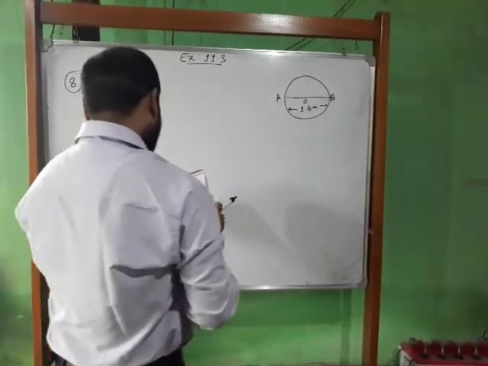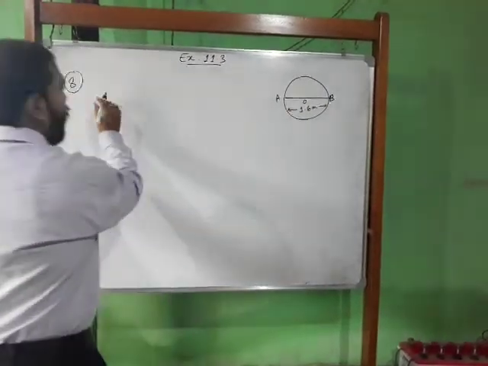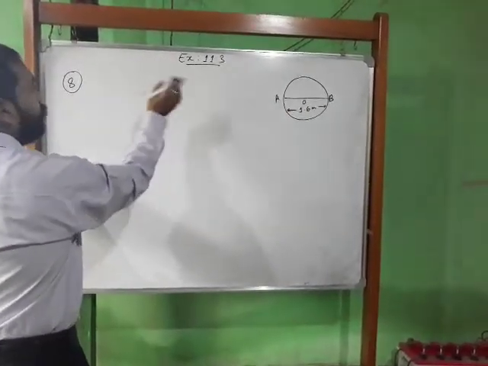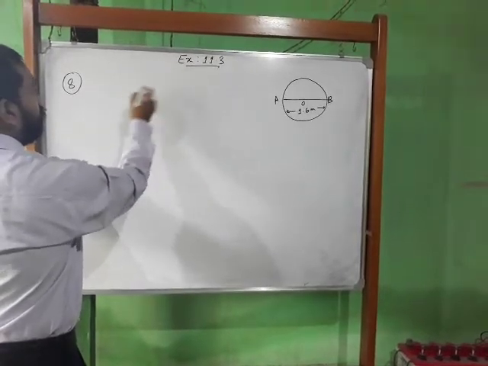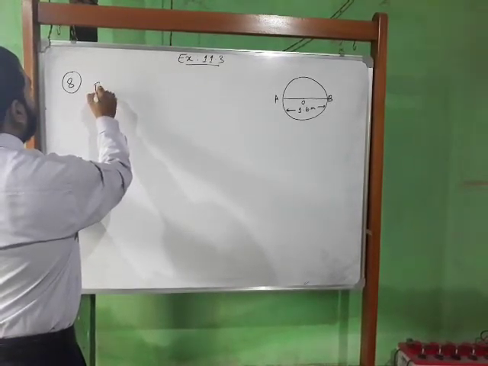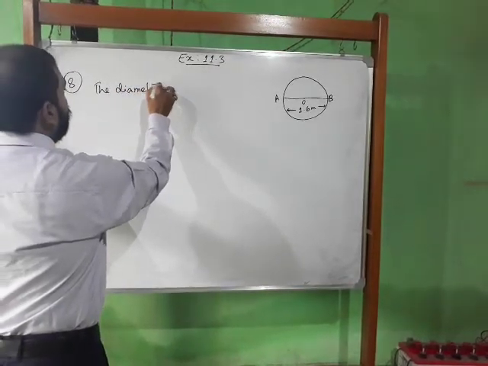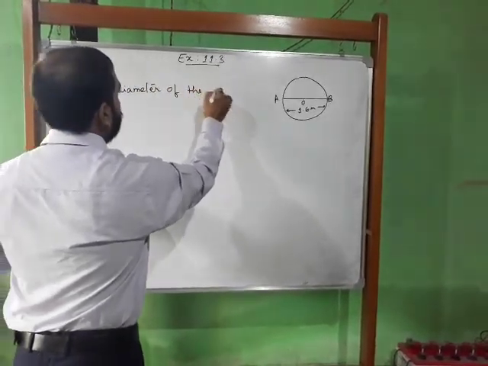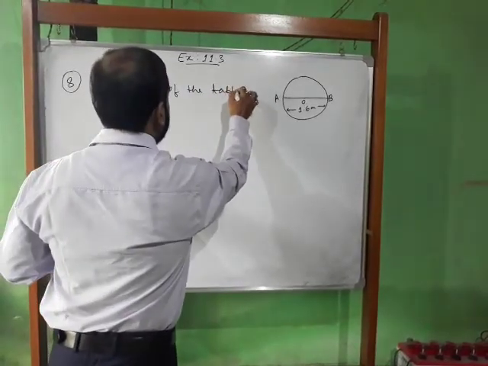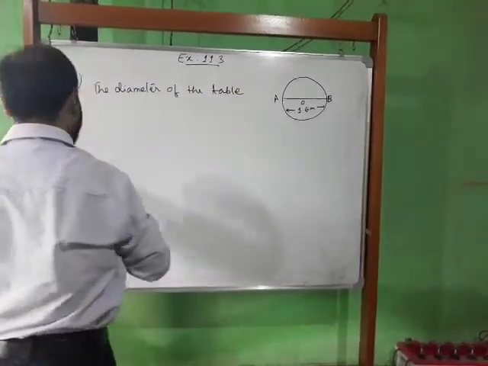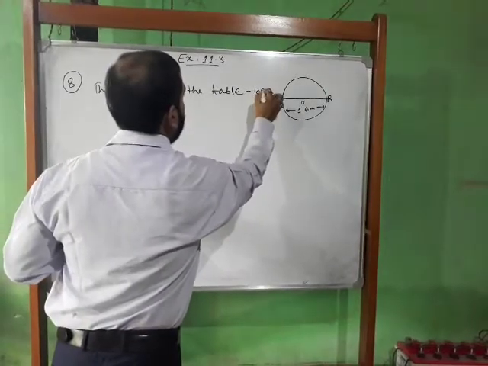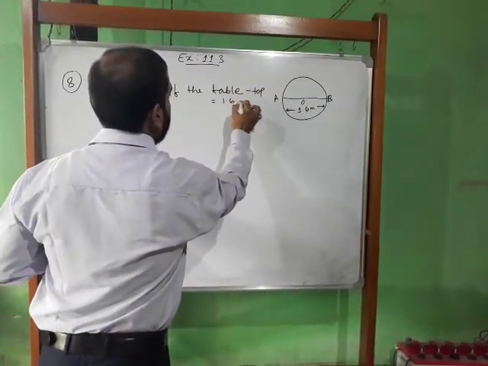So let us find out the area of this circle. The diameter of the tabletop is equal to 1.6 meter.